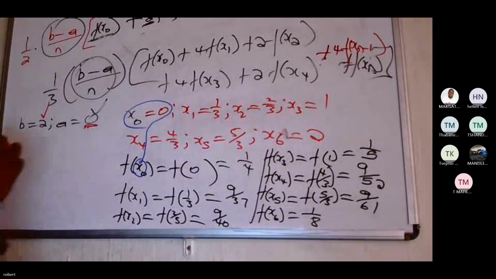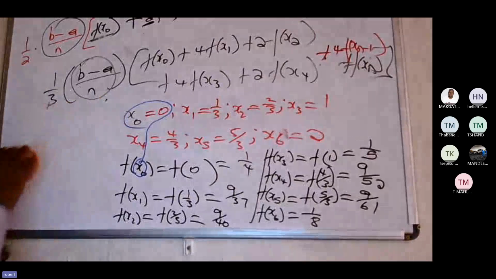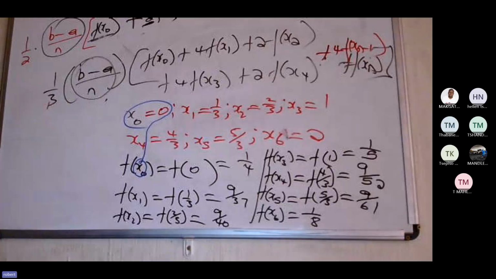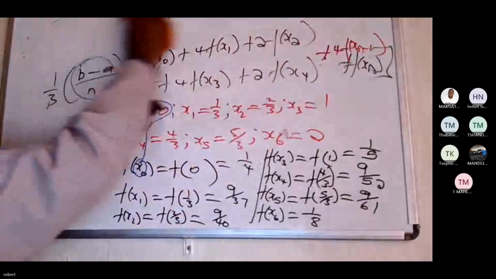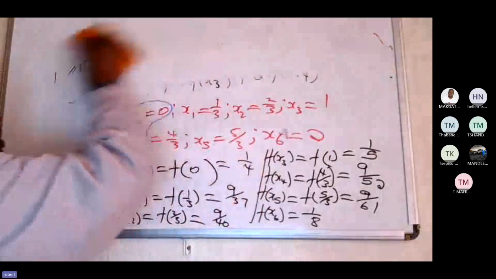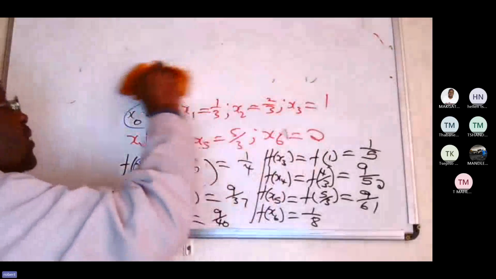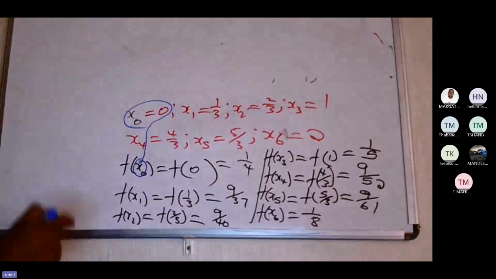Good. Now let us come back and substitute in this formula. Let me take this out and write this one, because we are no longer using trapezoidal, we are using Simpson. Let us write Simpson's rule here.